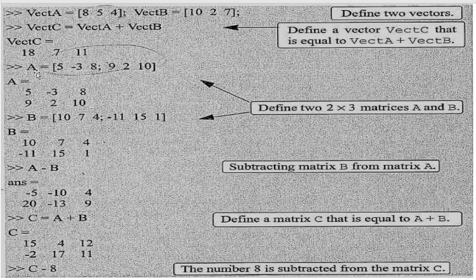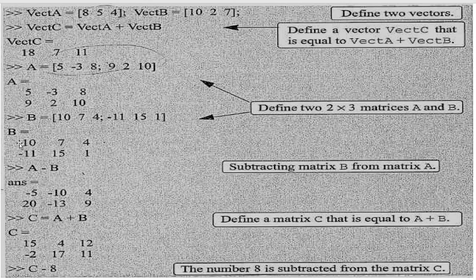Similarly, we choose another matrix A. A is a 2 by 3 matrix. The first row is 5, minus 3, 8, and the second row is 9, 2, 10. We choose another matrix B, equal to 10, 7, 4 in the first row, and minus 11, 5, 1 in the second row.